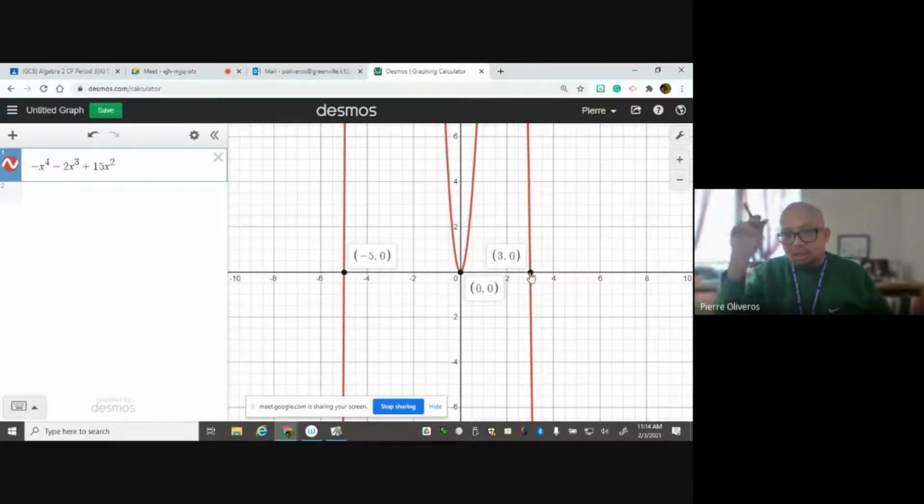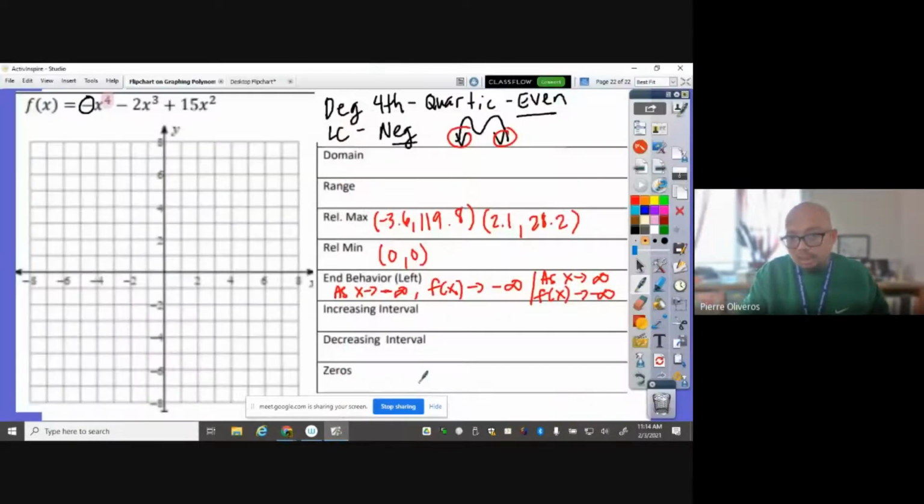At 3, it crosses. So there are 3 x-intercepts, but we have 4 as our degree. That means we have a multiplicity of 1 at -5, a multiplicity of 1 at 3, and a multiplicity of 2 at 0. So in our table, I'm going to write that our zeros are -5, +3, and x equals 0 with multiplicity of 2, because that's where it bounces. All right, so there you go.